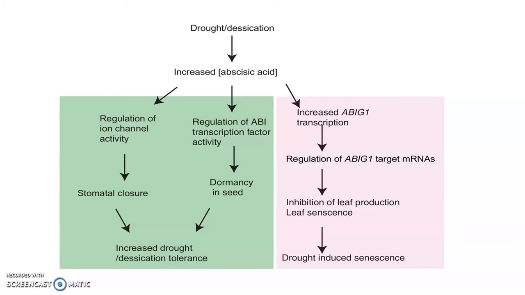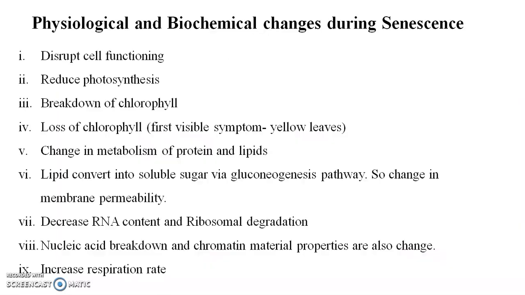Second, regulation of ABI transcription factor activity causes dormancy in the seeds and increases drought tolerance. Third, increased ABIG1 transcription, which regulates the target mRNA. It inhibits leaf senescence and causes drought-induced senescence.